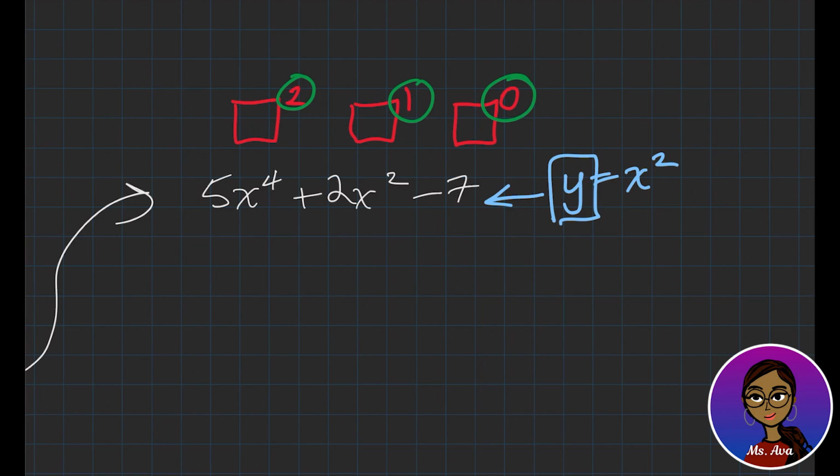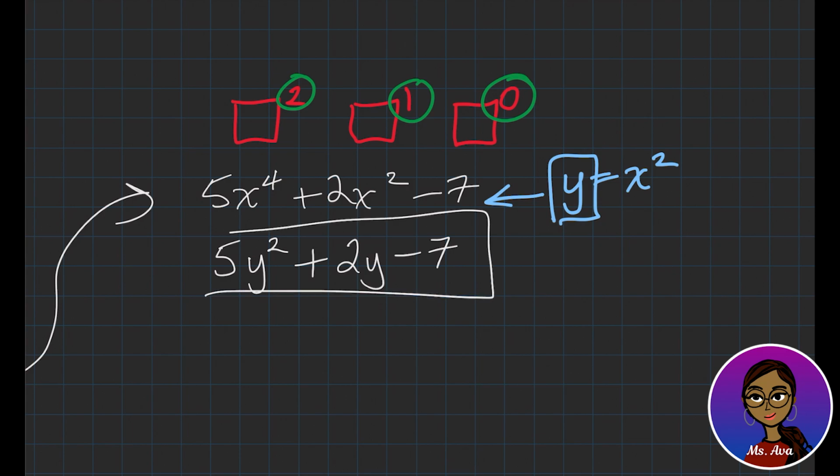So that would be 5, and then this x to the fourth right here would turn into a y squared. And then this 2x squared would turn into 2y, and then this last part would just be the minus 7. And now, is this a quadratic trinomial? Yes. Okay, good. So that's how you could do that.